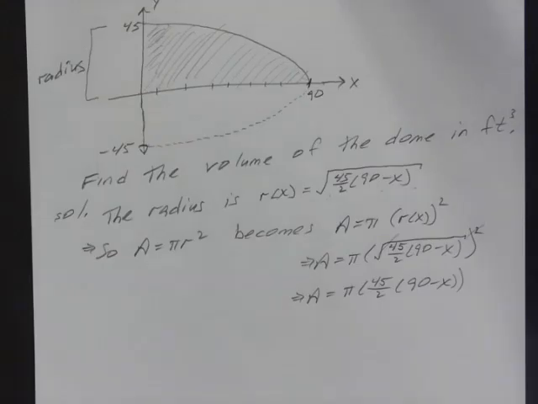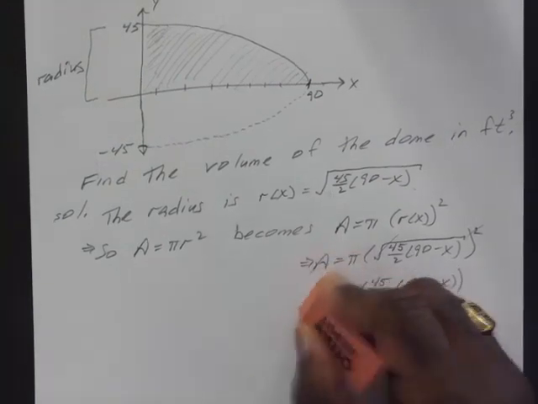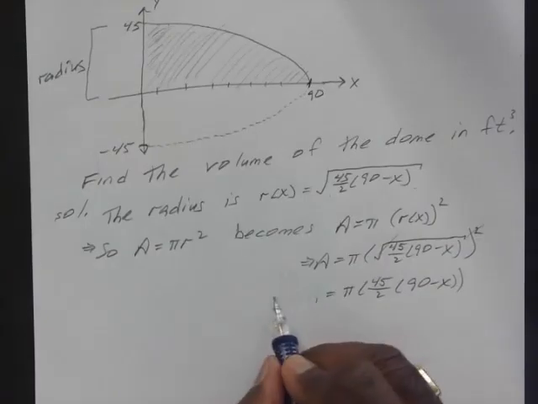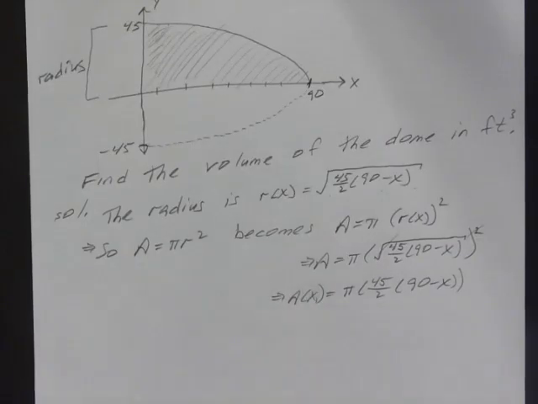Okay, so that area, we could rewrite as a function of x now. So we could say the area, or we could rewrite it as A of x. Either way works, whichever one you're most comfortable with.